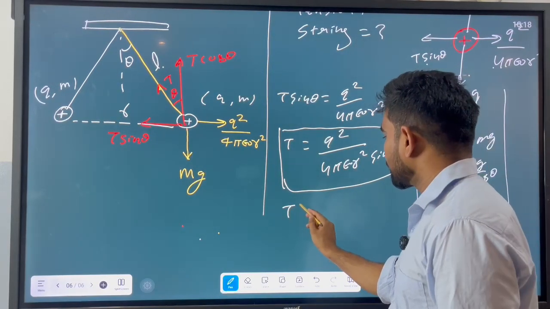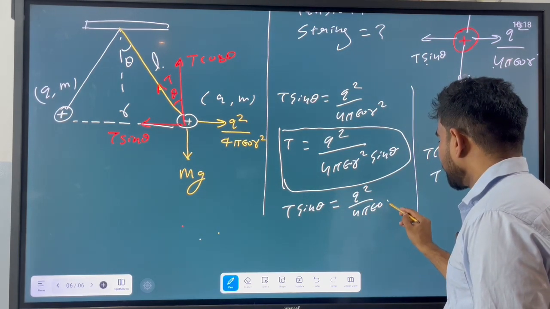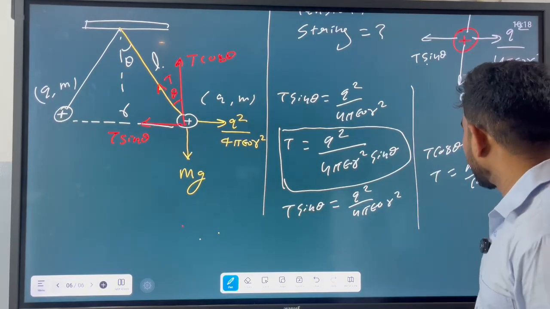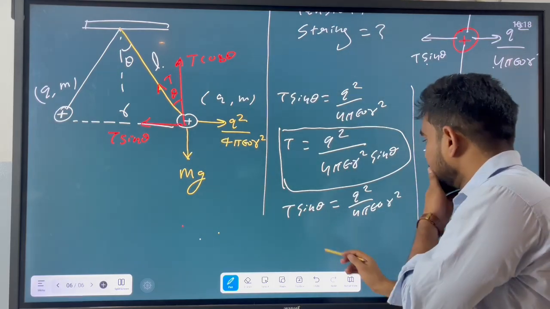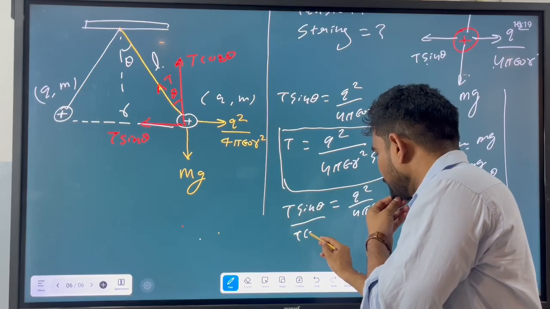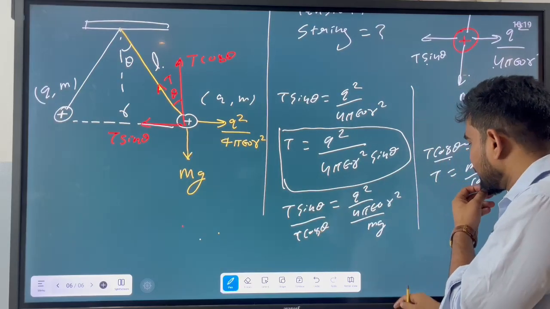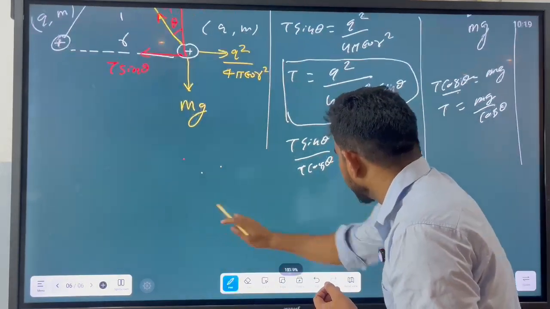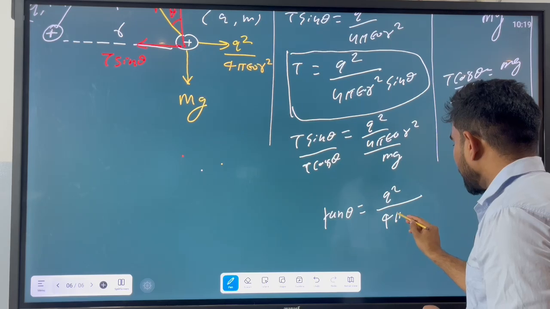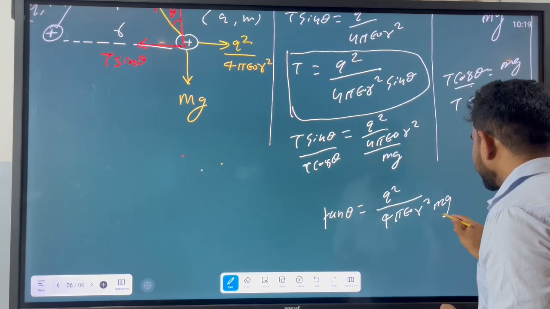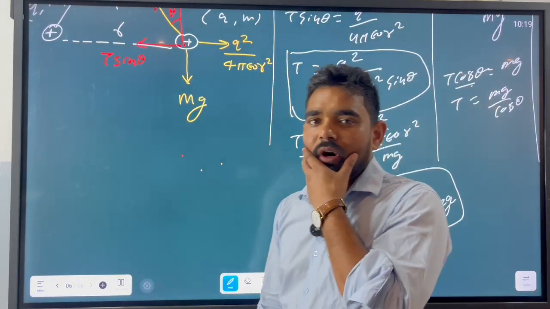T sin theta equals q squared divided by 4 pi epsilon naught r squared, and the second equation is T cos theta equals mg. Dividing, T cancels out and tan theta equals q squared divided by 4 pi epsilon naught r squared mg. This is the basic logic, the basic concept of the Coulomb force.